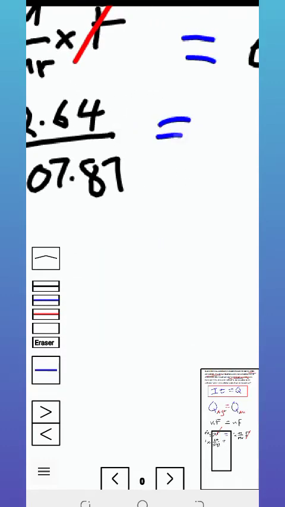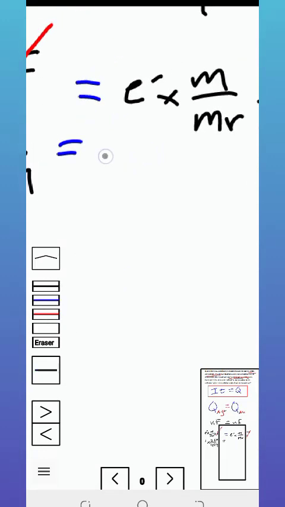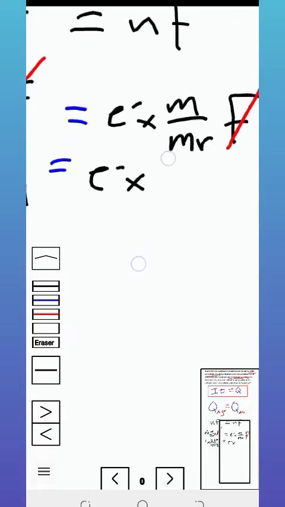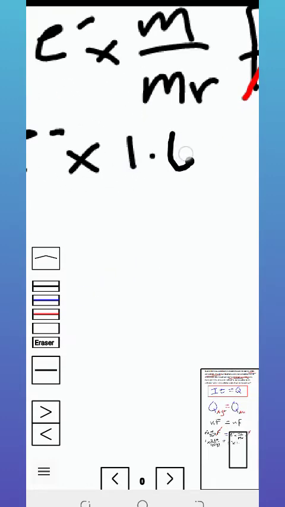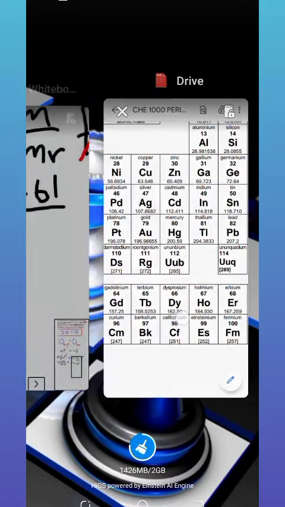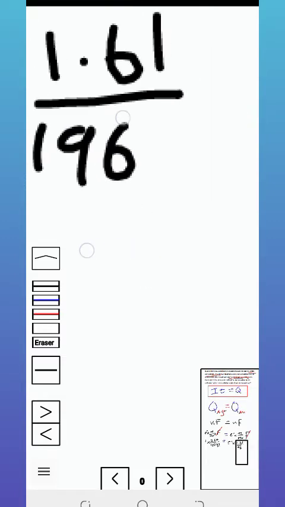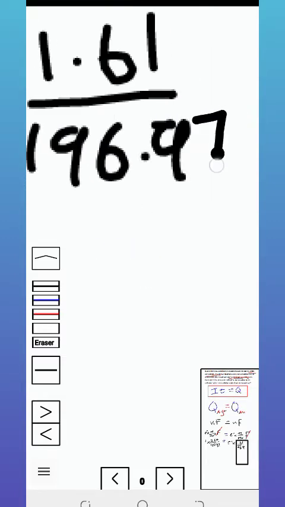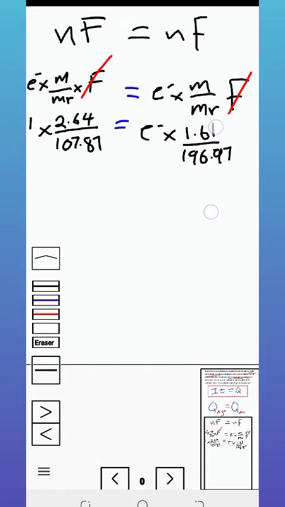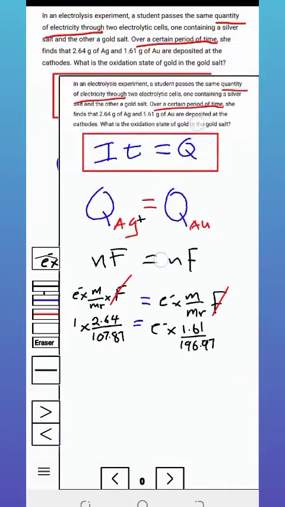This is equal to the E that we are looking for multiplied by the mass given for Au, 1.61, divided by the molar mass of Au, which is 196.97. So all in all, this is what we're having.